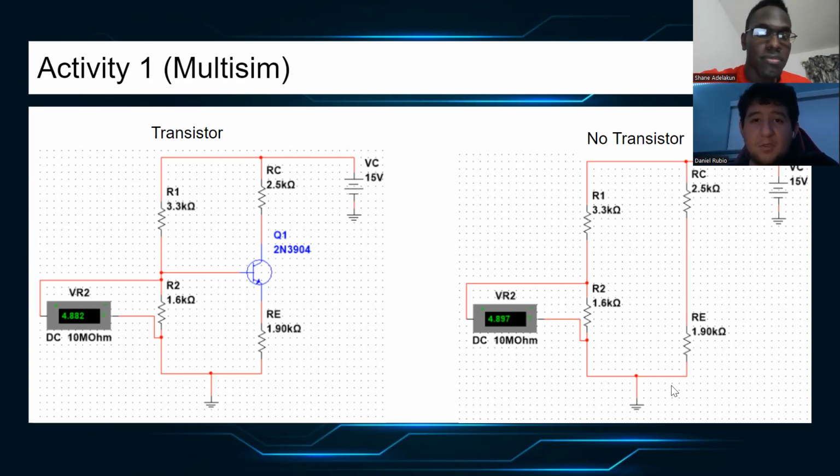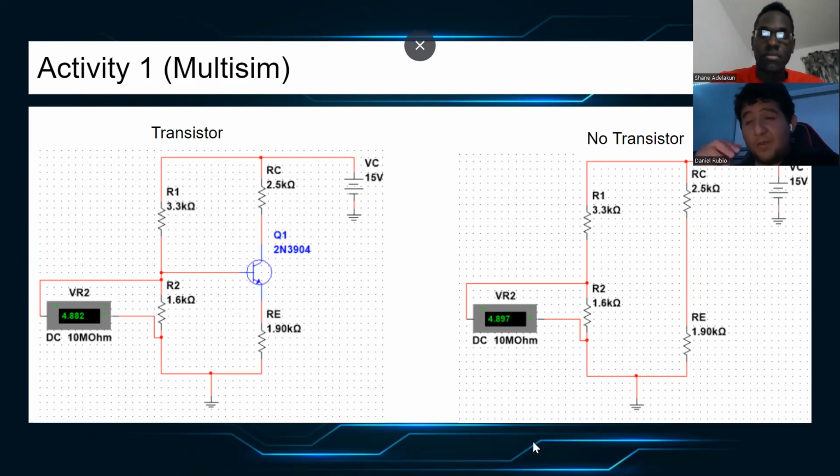It goes through the DC source, 10 megaohms, with a value of 4.882 volts for VR2. Above that, we have R1, the resistor, 3.3K ohms. On the right side, we have RC, 2.5K ohms. And we have the ground located at VCC with a value of 15 volts.